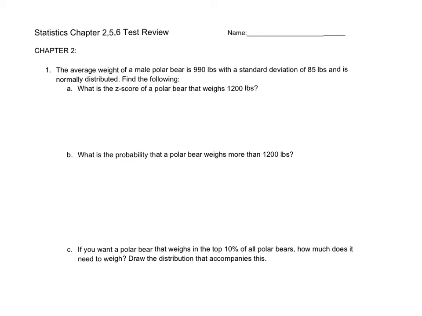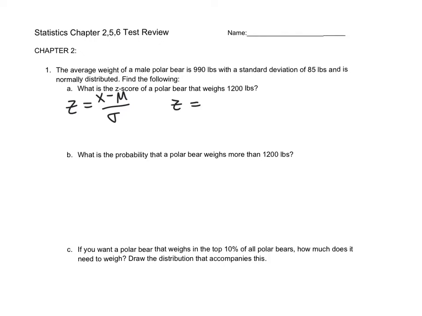So we know the average weight of a male polar bear is 990 pounds with a standard deviation of 85 pounds and is normally distributed. Find the following. So we want to know what the z-score is of a polar bear that weighs 1,200 pounds. So remember, the formula for z-score is x minus the mean over your standard deviation.